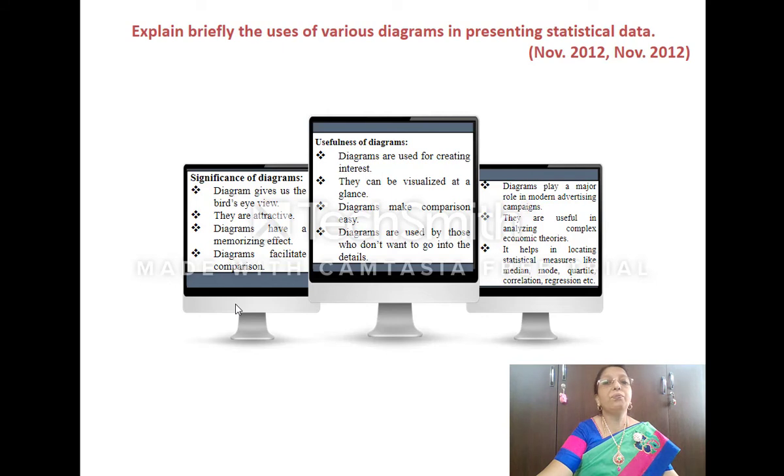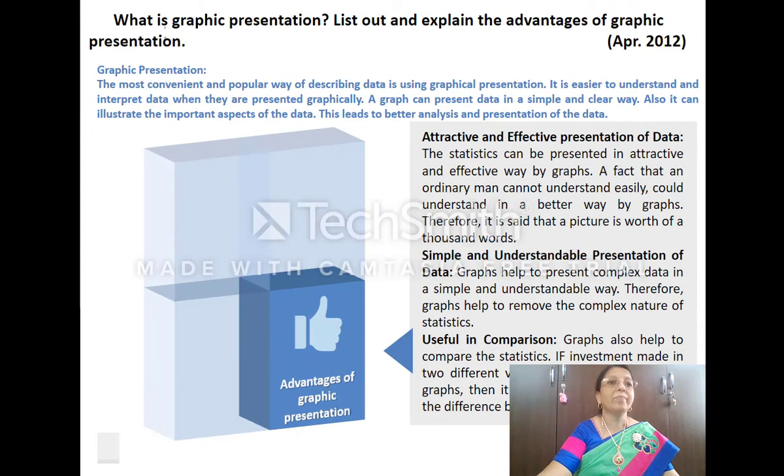They are used for those who don't want much of the details, they play a major role in modern advertising, and they are used for analyzing complex data. It helps in locating statistical measures like median, mode, quartile, correlation, regression. For all this, you can represent diagrammatically.